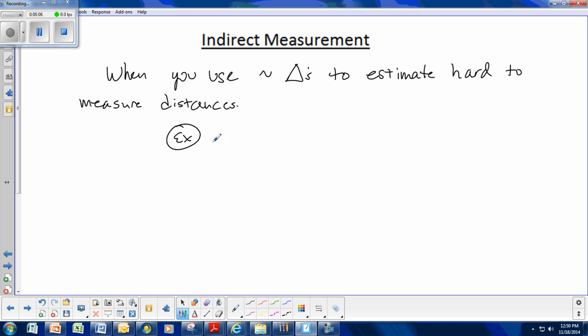Examples would be like the height of a tree or a building, or maybe a flagpole. We can set up similar triangles in real life to calculate and to estimate how tall those things are.